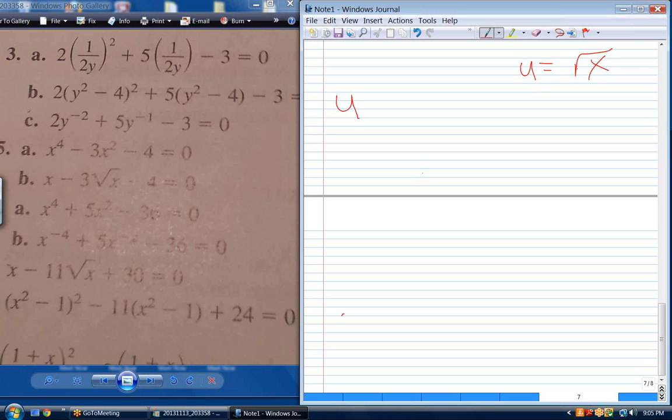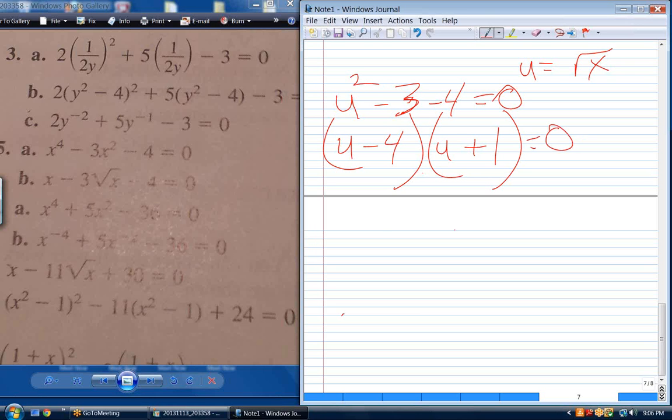If u is equal to the square root of x, what is x equal to? U squared. That's our first term. So it's u squared minus 3u minus 4 equals 0, which factors into u minus 4 and u plus 1. So my solution is u equals 4 and u equals minus 1.